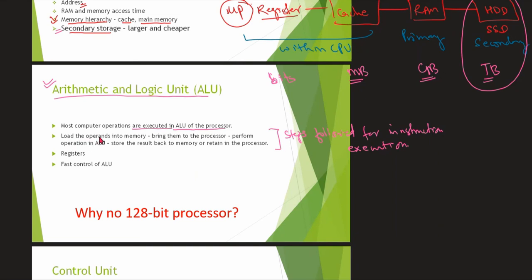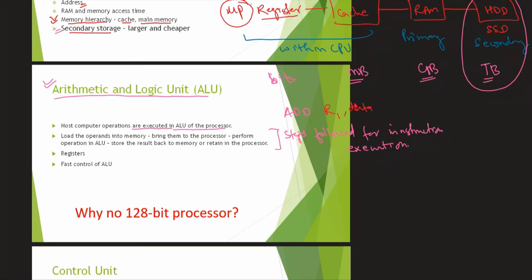First of all, load the operand from memory. Suppose you are doing an add operation, adding R1 with data, say 5 or whatever the data is, and storing the result into R1. So first, load the operand, that is the data, from memory. The data should be there in the memory. Then bring it to the processor.